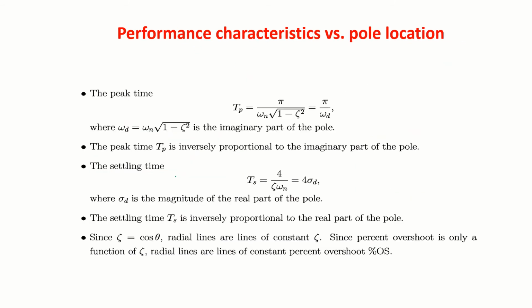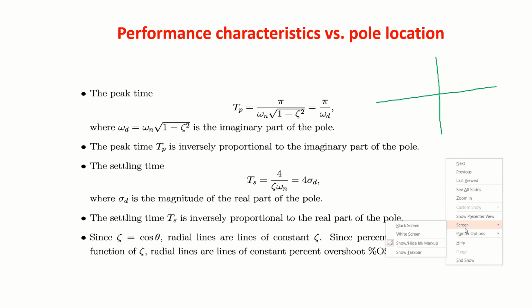Let us go to this. Peak time Tp is pi by omega d. Correct now? Let us take this coordinate system. In this coordinate system, it is sigma, j omega.